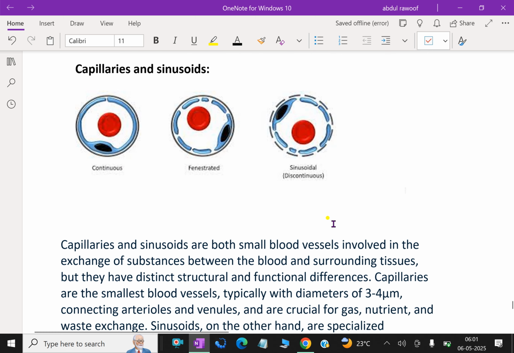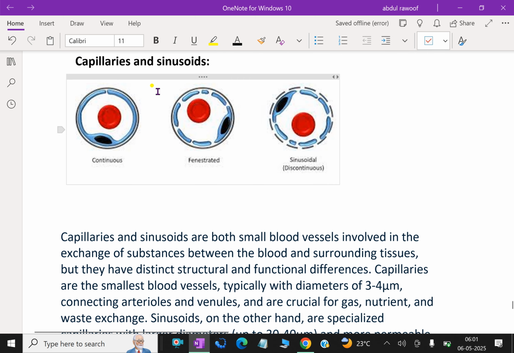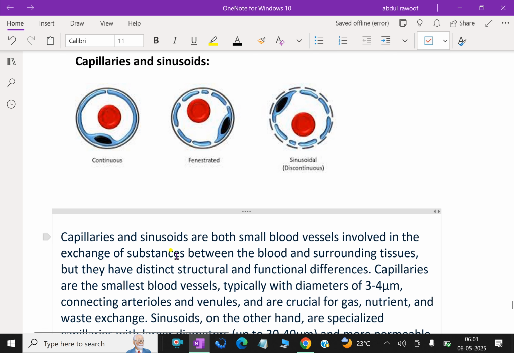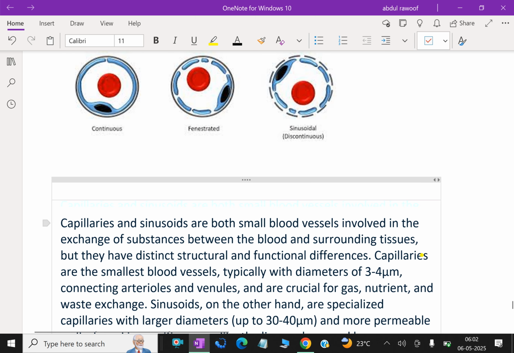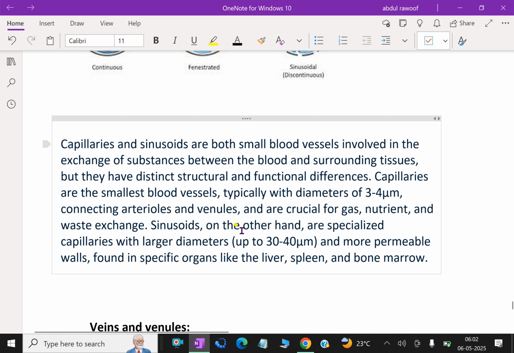Capillaries and sinusoids. Capillaries and sinusoids are both small blood vessels involved in the exchange of substances between the blood and surrounding tissues, but they have distinct structural and functional differences.